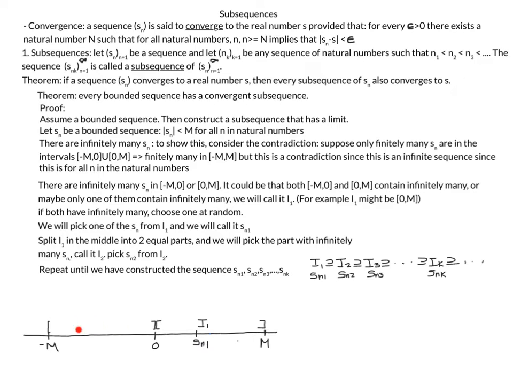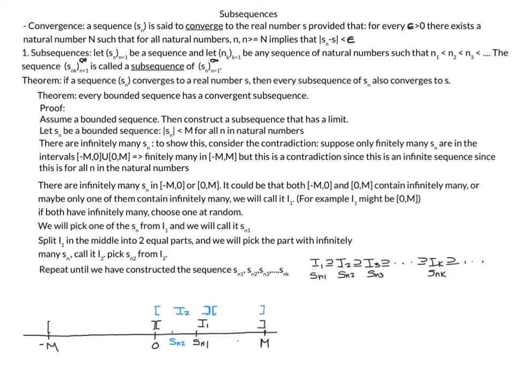And between these two intervals, I'm going to choose one that has infinitely many members of the sequence. And for the sake of argument and without loss of generality, I'm going to choose [0, M], and I'm going to call that interval I_1, and from the interval I_1, I'm going to choose one of my infinitely many S_n, and I'll call that S_{n_1}. So that S_{n_1} will be the first element of my subsequence.